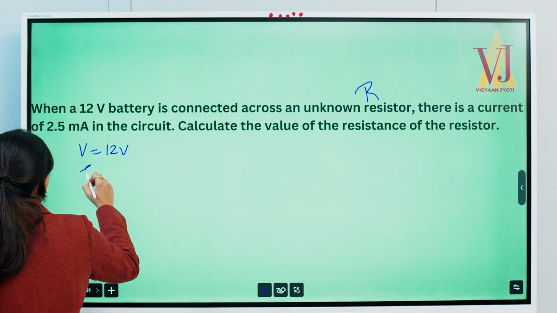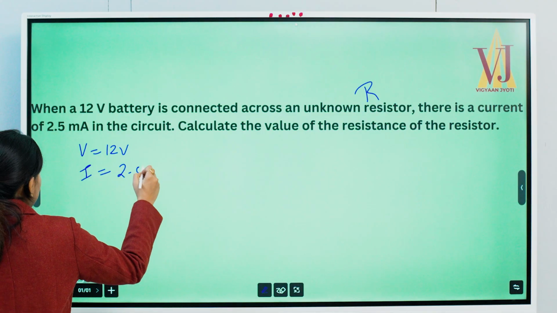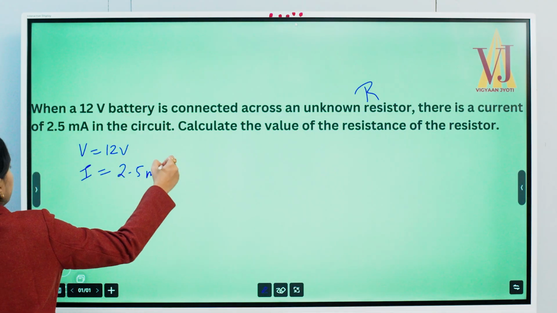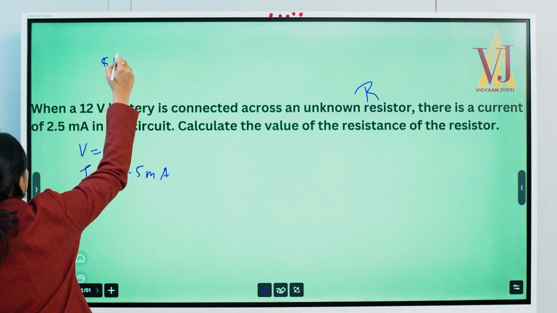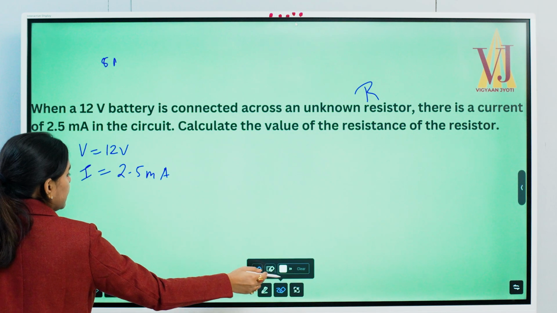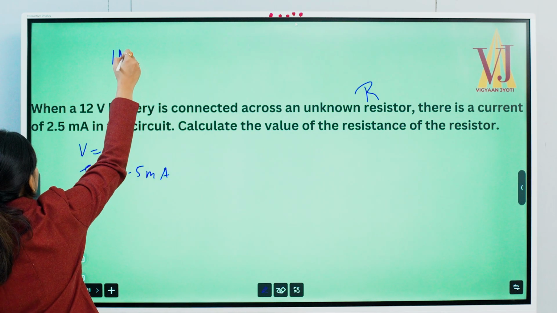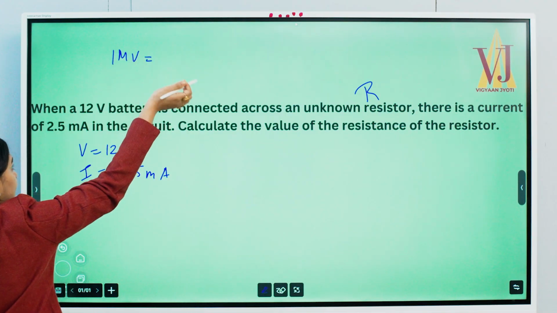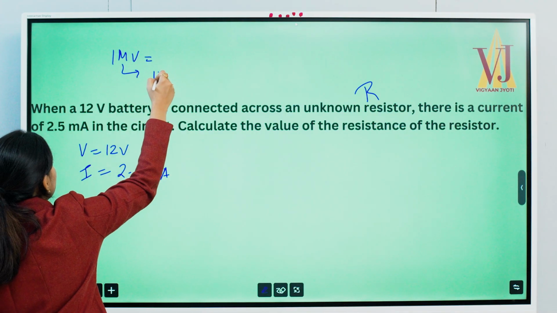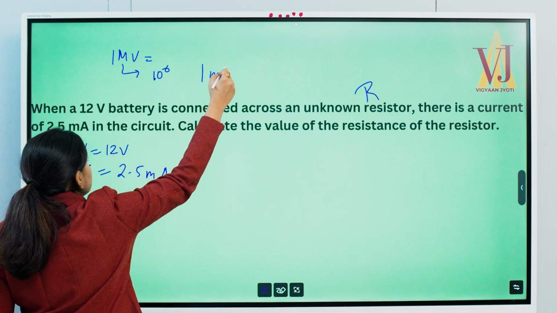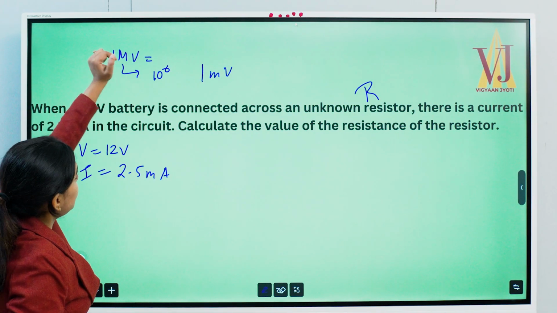Here you have to understand a thing very nicely. In some question there was 1 megavolt. It can be mega volt, mega ampere, anything. Mega means 10 to the power 6. But remember, this is the capital M and this is the small m.